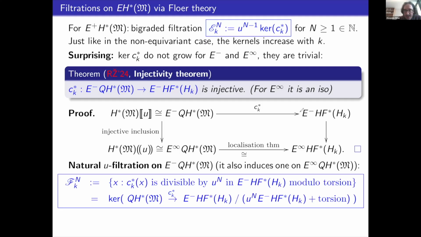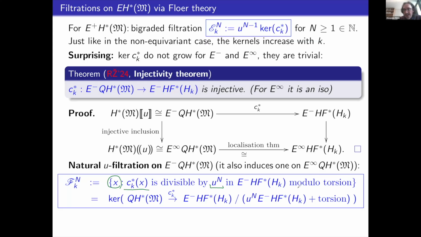Okay, so now the question is, if these are injective, it means the kernels have no interesting information. Can we still define a filtration? After thinking a little about what is a natural filtration you can define on KU modules in algebra, the natural answer we came up with is the following. You look at the ordinary cohomology classes, you apply the continuation map, and then you look at those classes which are of order U to the n or higher.